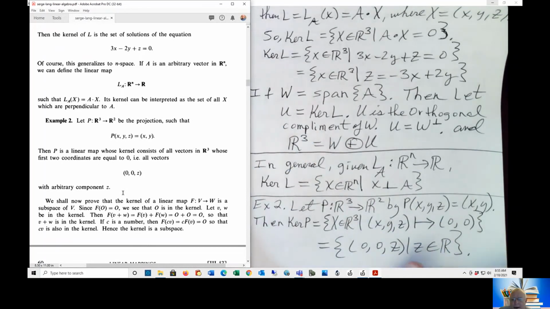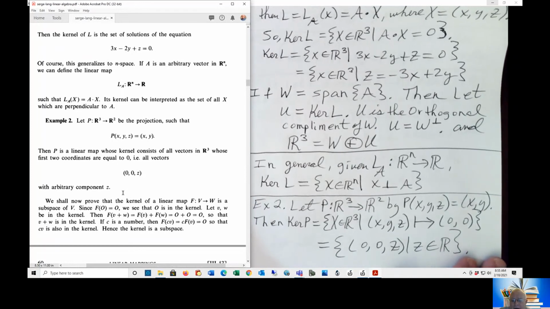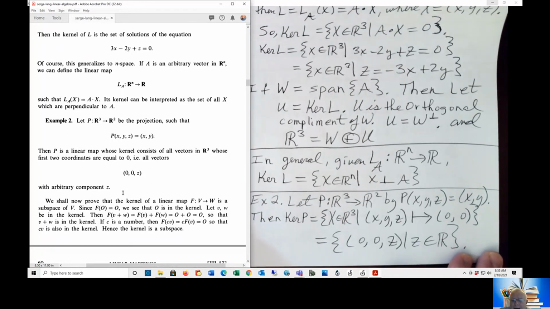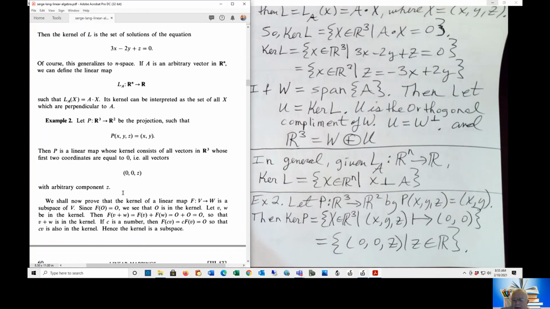So we see that the kernel of this projection mapping is going to be the ordered triples that get mapped to 0, 0. Notice I used the notation, the vertical line with the arrow, to make it more clear.